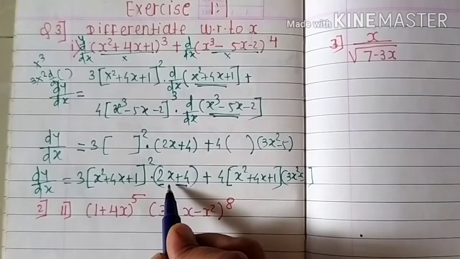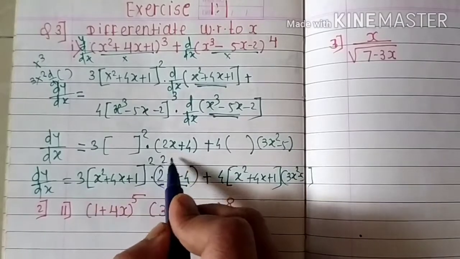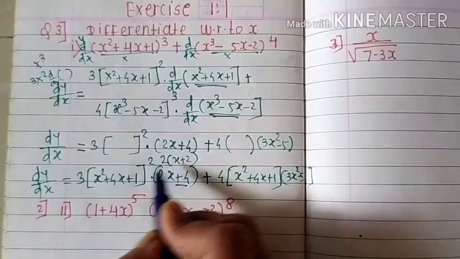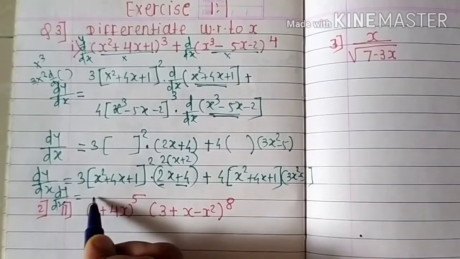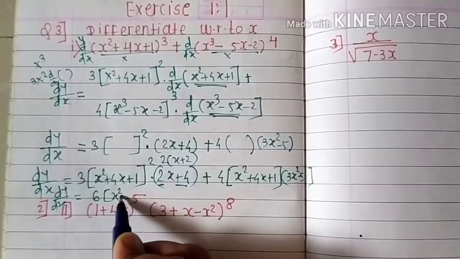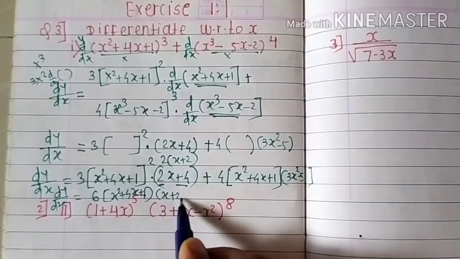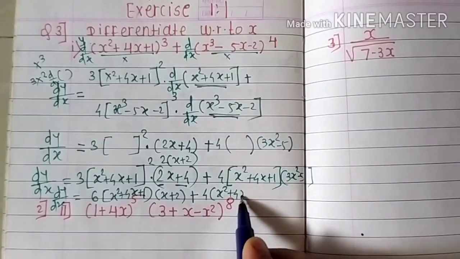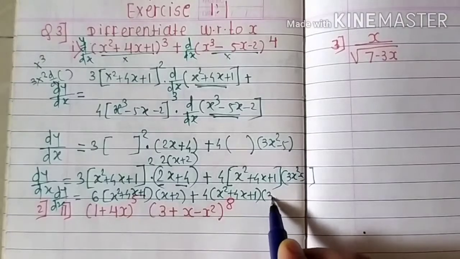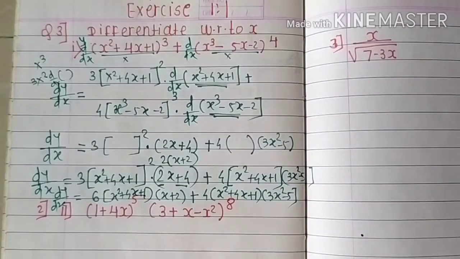If you take 2 outside, then here it is 6 times, with x plus 2 remaining, and 3 times 2 is 6. So dy/dx is equal to 6 times (x square plus 4x plus 1) into (x plus 2), plus 4 into (x square plus 4x plus 1) into (3x square minus 5), which is the value of the derivative.